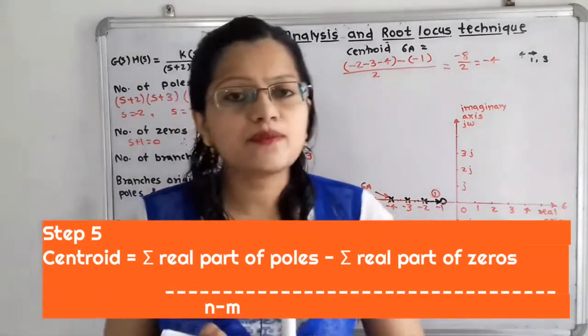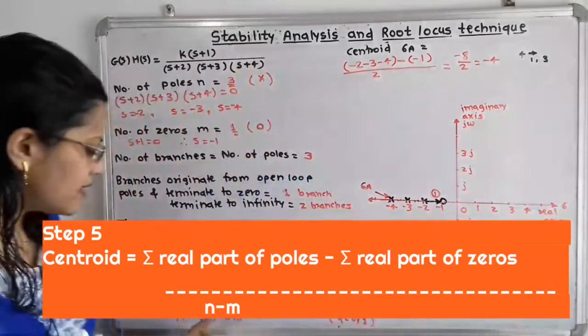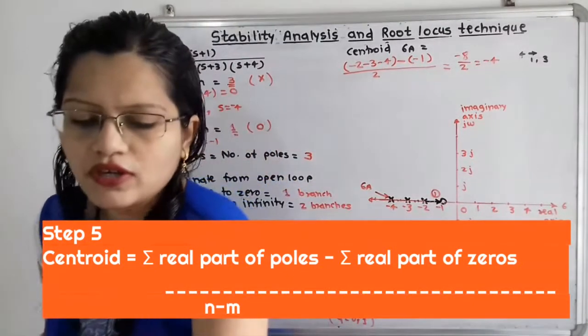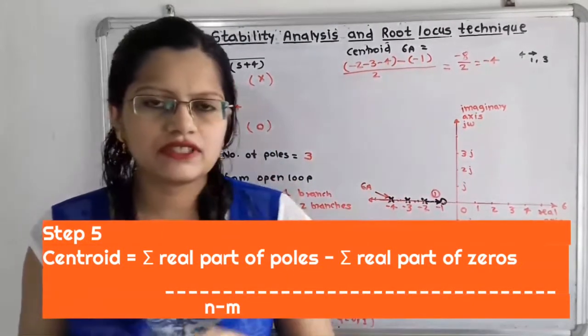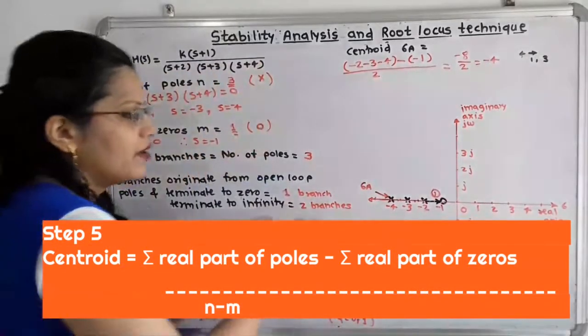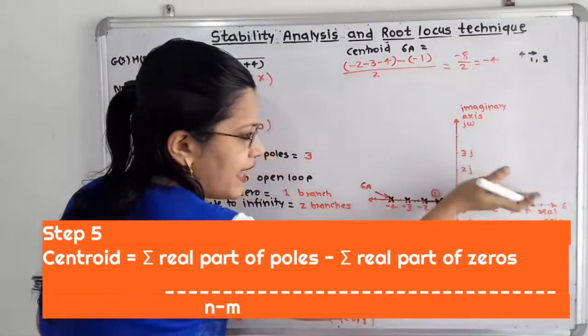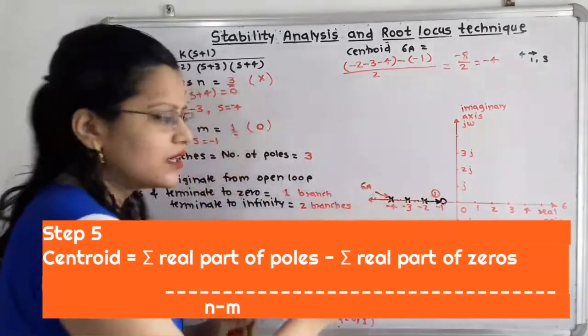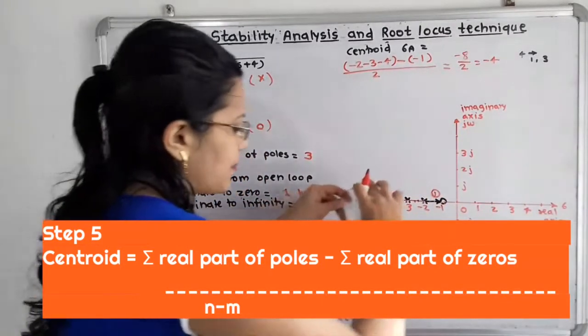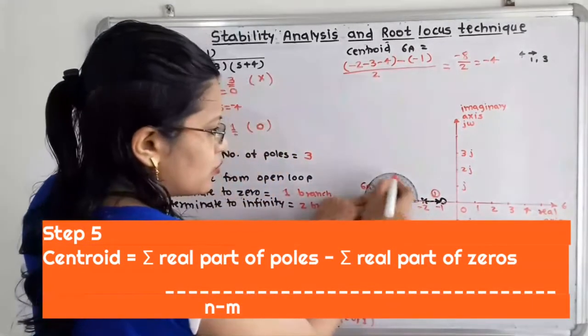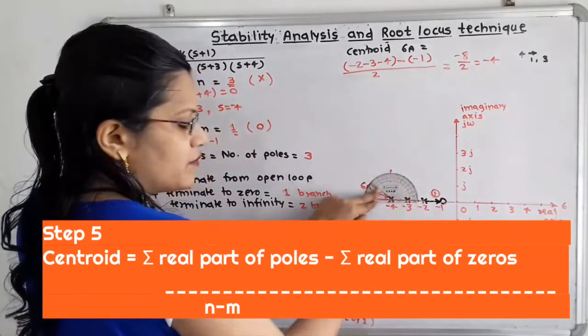Now at this point we have to take the angles 90 degree and 270 degree, and we will draw the asymptote. This is the real axis, so from this axis we have to take the angle starting from here. Now I will take the center at minus 4, and from 0 to 90 degree we will mark a point.